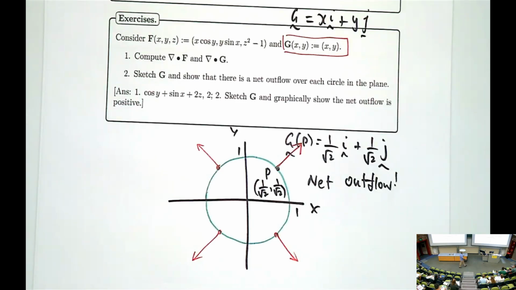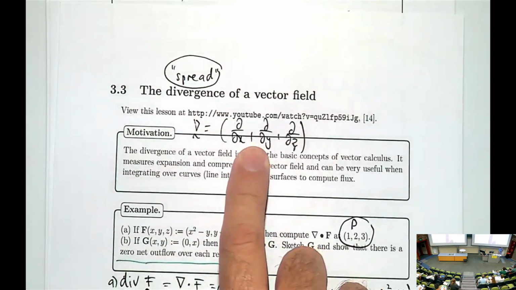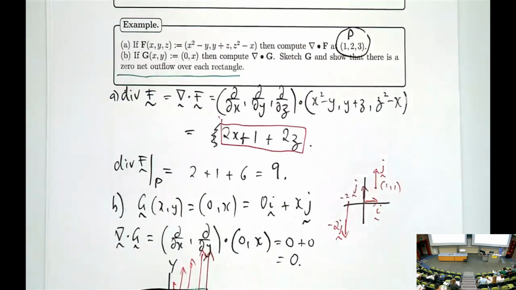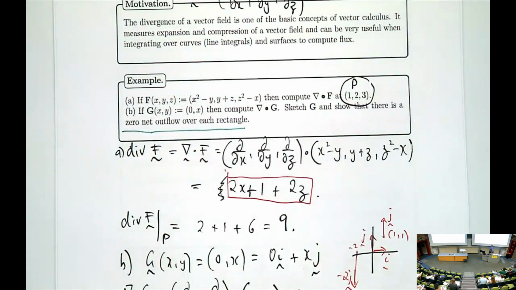All right. Divergence involves the del operator and the dot product. The answer is a number. It is not a vector. You can interpret the answer as telling you something about the spread or the expansion of your vector field.